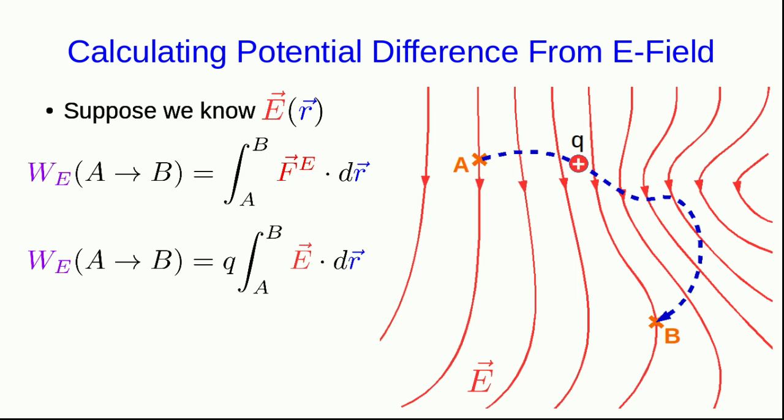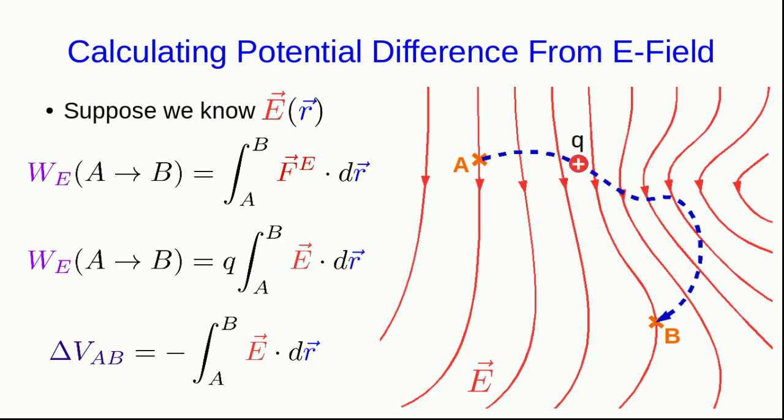And because that electric force is just the electric field times the charge on the particle that we're moving around in the field, the work is related to an integral of the E field dotted with the displacement elements. Now note that the potential difference from A to B is just the negative of that work divided by the charge.